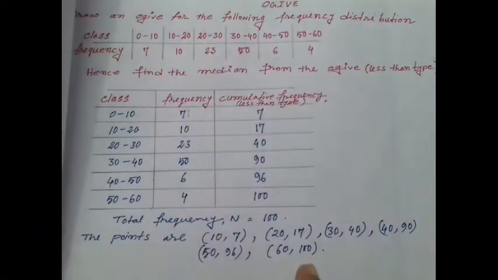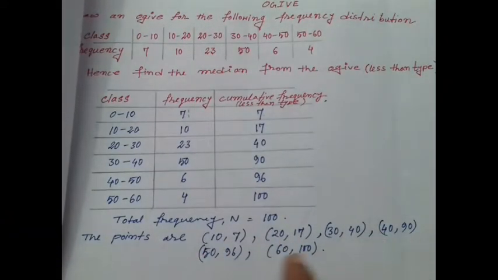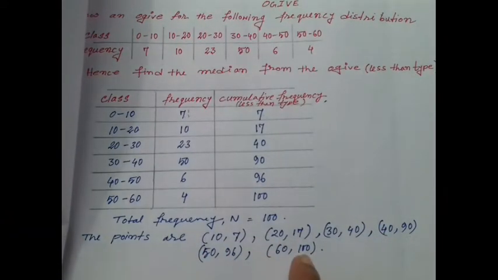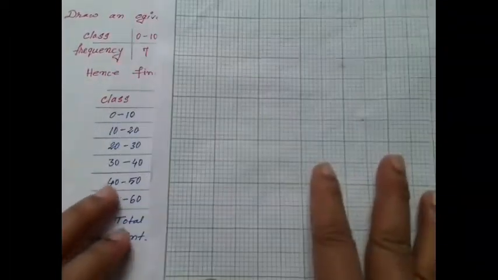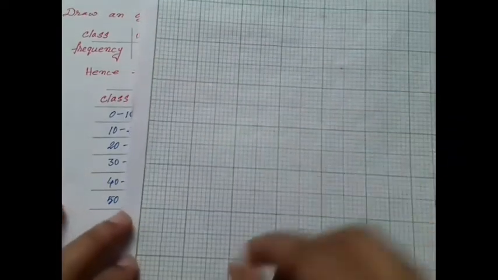The maximum value for class is 60, and the maximum value for cumulative frequency is 100. Along the y-axis we have to take the side of one small square as 2 units.